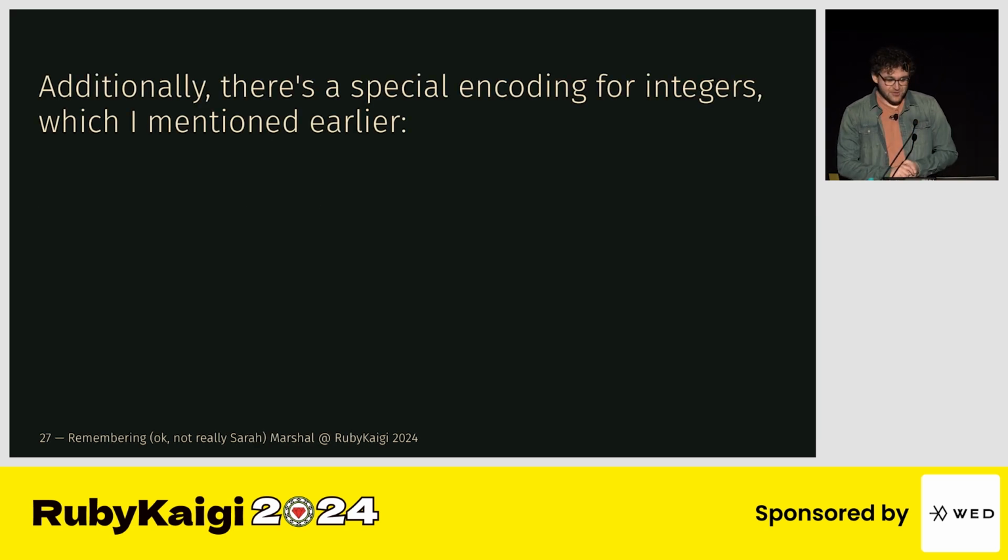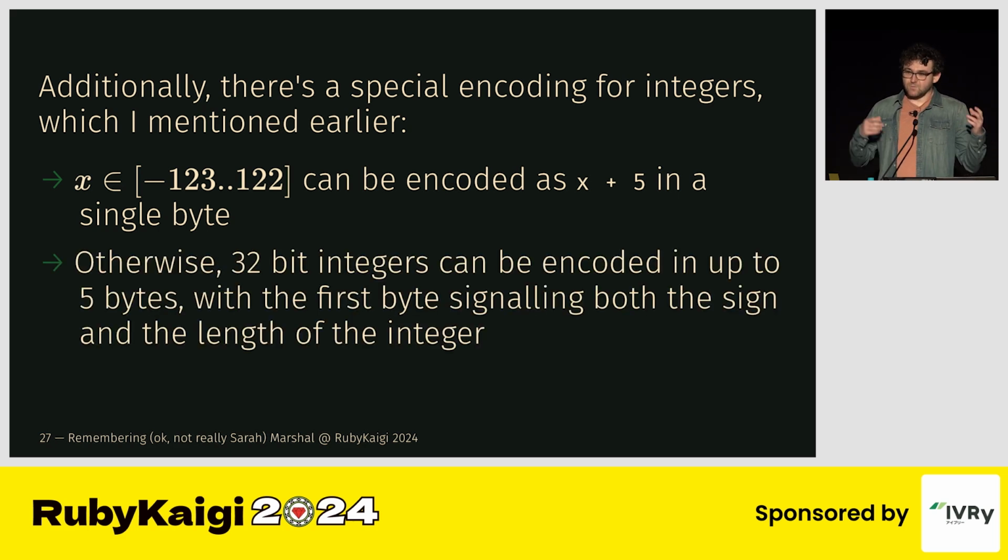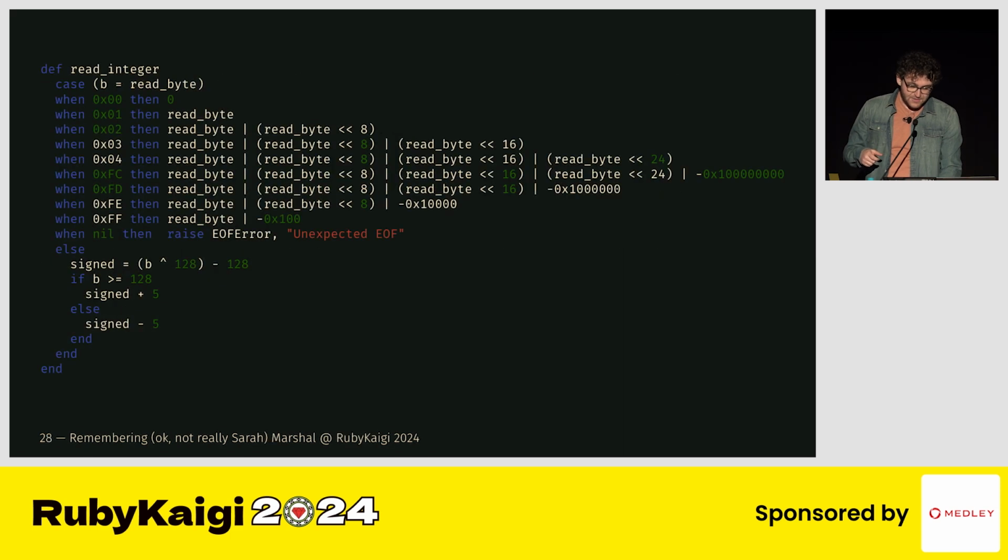Additionally, as I mentioned earlier, there is a special encoding for integers, which took me a while to implement properly. But what's cool about it is we can encode really small numbers in a single byte, and we can encode everything up to 32-bit integers in up to 5 bytes, where the first byte signals the sign and the length of the integer, and the other bytes are the integer. Oh, I thought that was going to look even smaller on the screen.